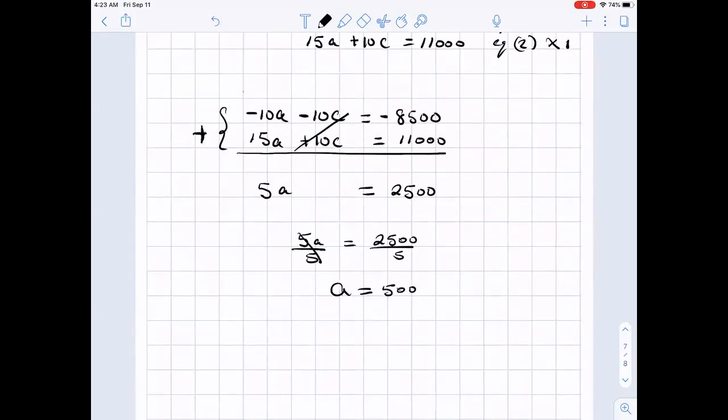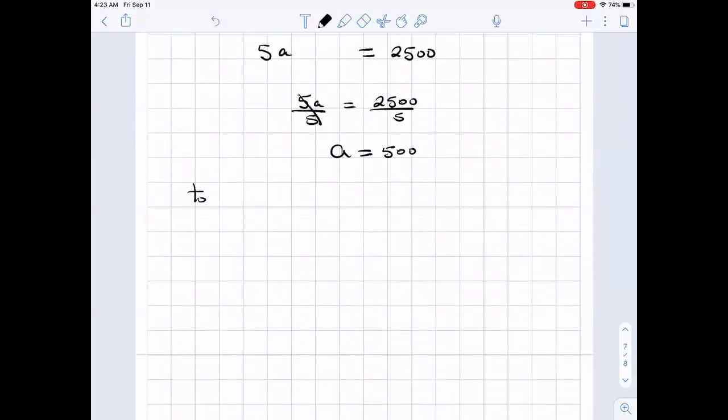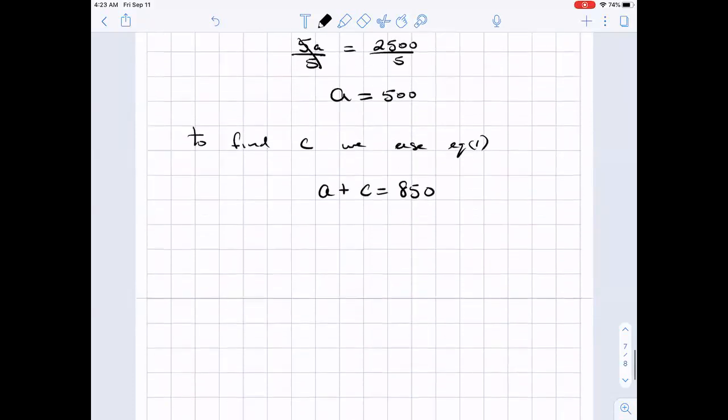But we've only solved for A. So to find C, we use equation 1, which is A plus C is equal to 850. A is 500 plus C is equal to 850. If we minus 500 on both sides, we have C is equal to 350.